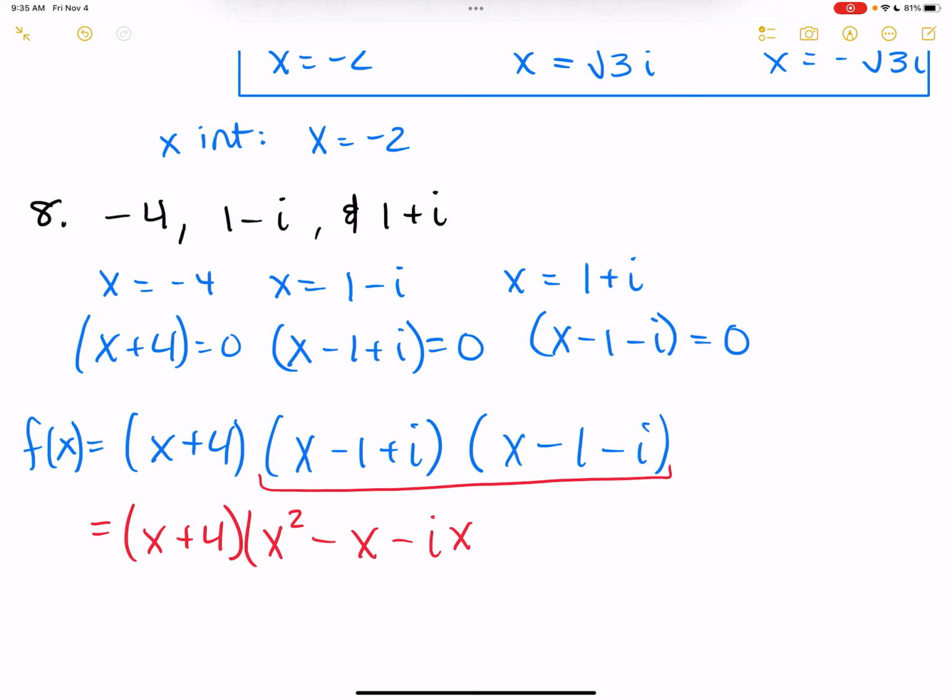I lost myself. You've done the first one all the way across, so you're on -1. Then minus x. And plus 1.